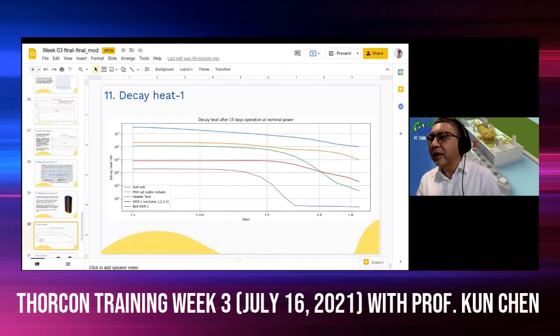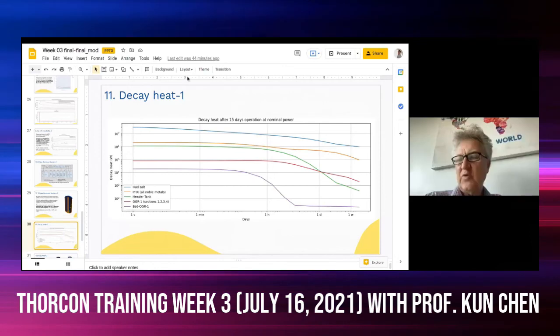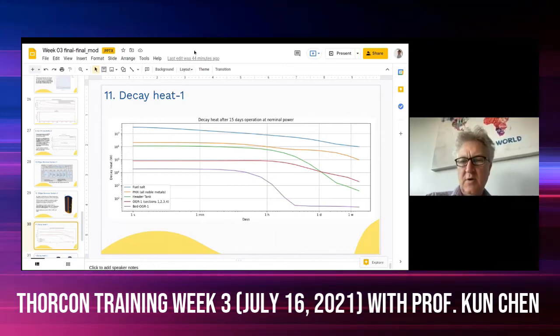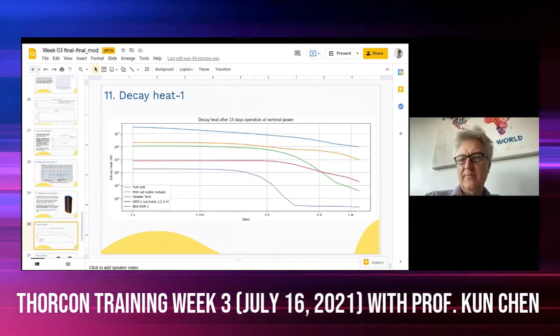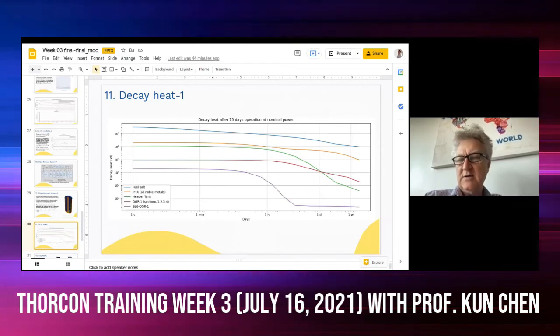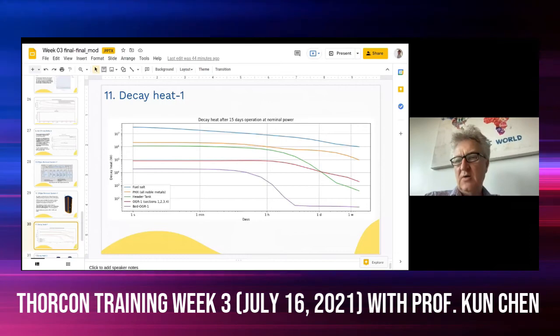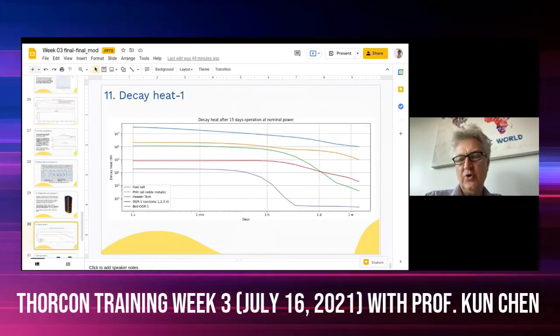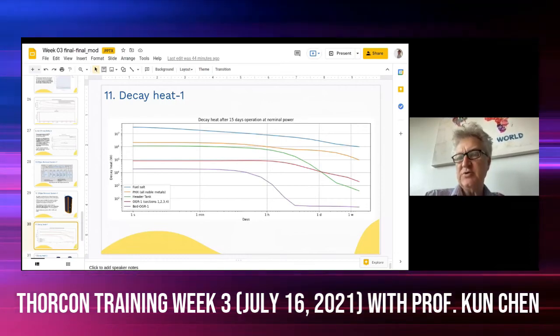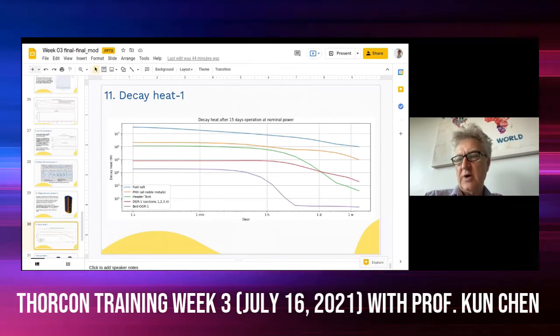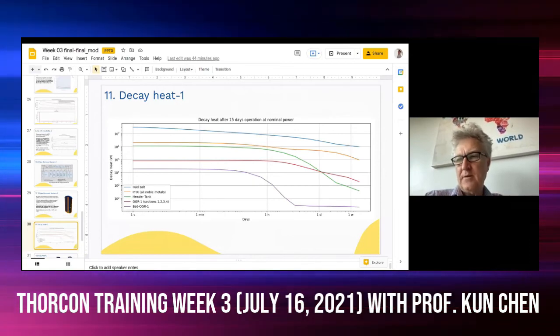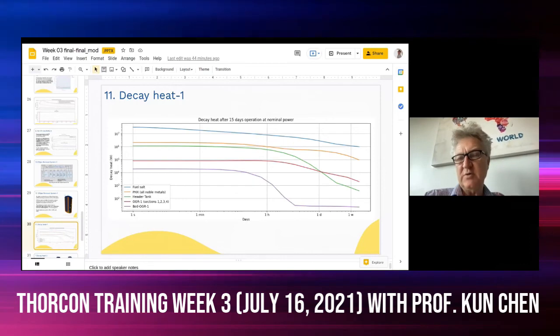Lars, I think this is yours. Yeah. So what we found was that we could not buy graphite the size we wanted. So we had to make the core shorter than we would naturally choose in order to accommodate what we could purchase in terms of graphite.